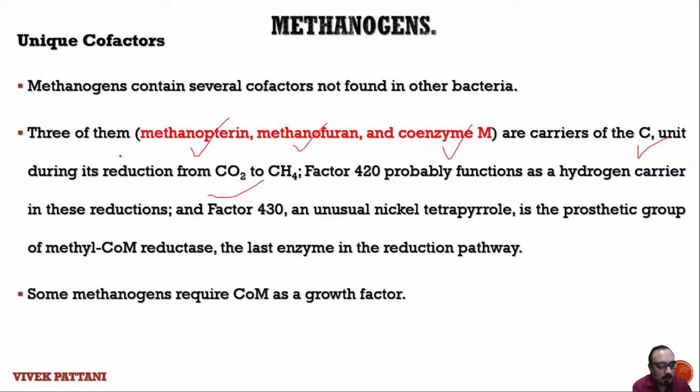Factor F420 probably functions as a hydrogen carrier in these reductions, and factor F430 is an unusual nickel tetrapyrrole and the prosthetic group of methyl coenzyme M reductase, which is the last enzyme in the reduction pathway.